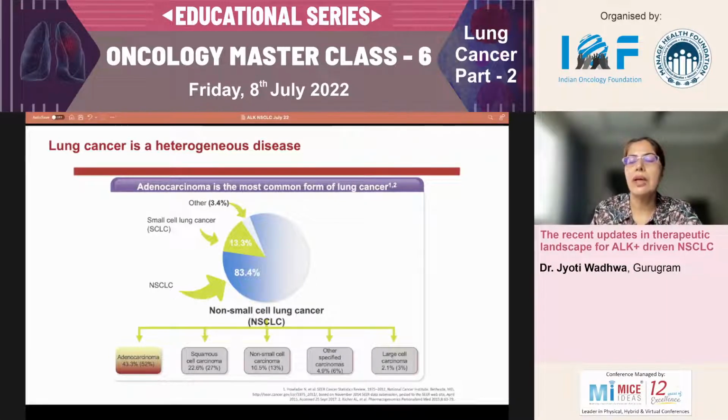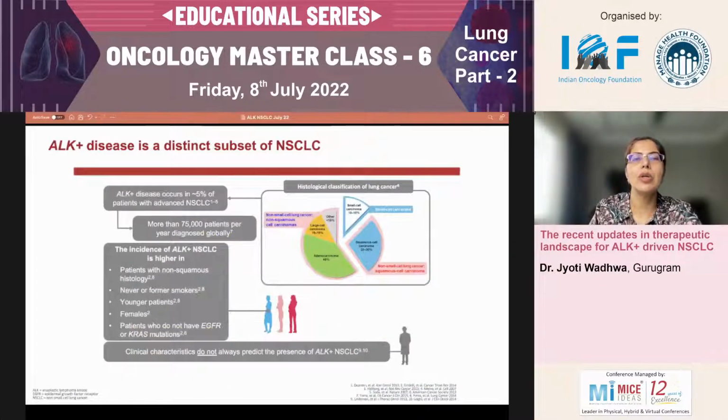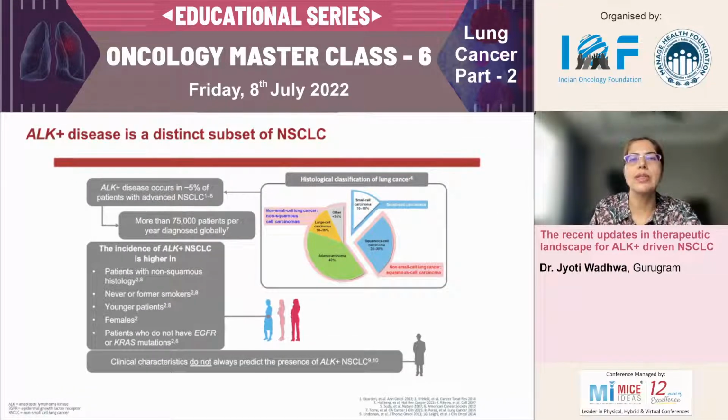We have learned that there are various molecular subtypes of lung cancer itself. And ALK-positive disease, in fact, is a distinct subset of non-small cell lung cancer. This occurs in almost 5% of patients with advanced non-small cell lung cancer, and it has some peculiar clinical features, such as that it's usually associated with non-squamous histology under the microscope.